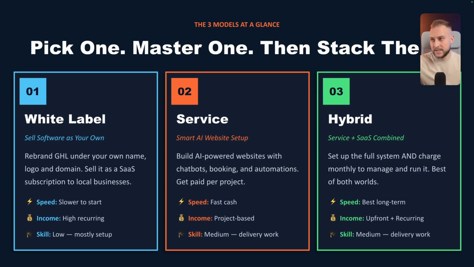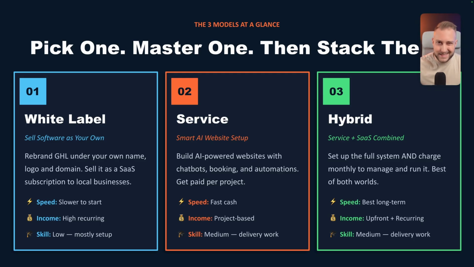So second is service, right? For example, you can sell smart AI website setup. You can build AI-powered websites with chatbots, booking, and automations, and you get paid per project. This is also monthly recurring revenue, because you can sell these websites for $297 a month, and obviously these websites need maintenance.